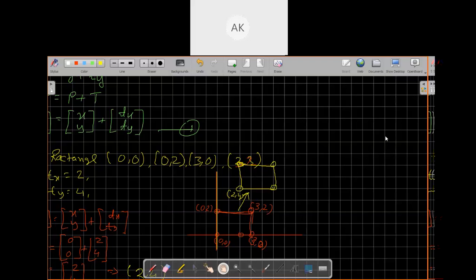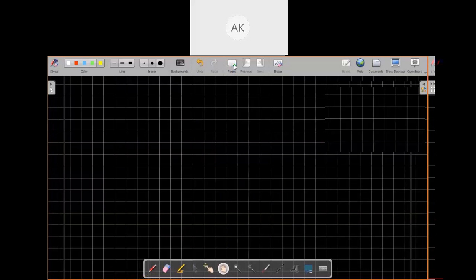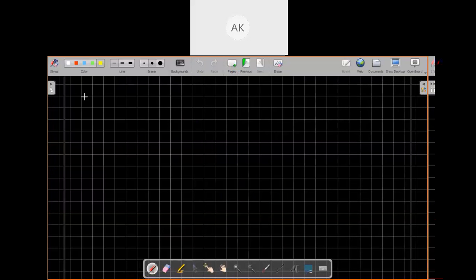In this question, we are given the current position of the rectangle, and we need to translate it with this parameter. We just apply this formula: the new position of the coordinate equals the current position plus the translation parameter. We apply this formula and calculate the new position of the object. Okay, is it clear?